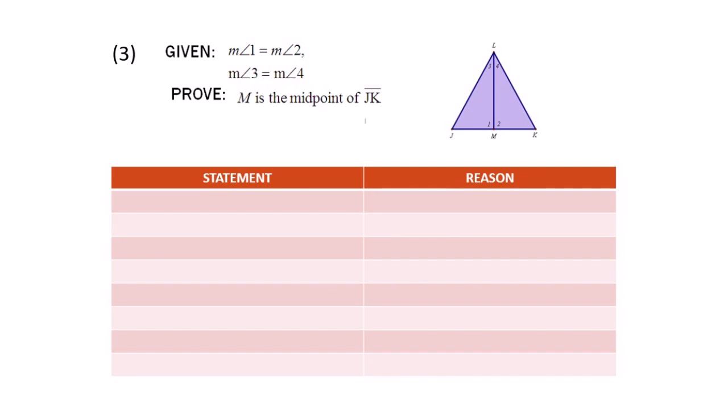All right, so let's start with our givens. So measure of angle 1 is equal to measure of angle 2. And that's given. And we also are given that measure of angle 3 is equal to measure of angle 4. So 3 and 4 are equal. The measures are equal.